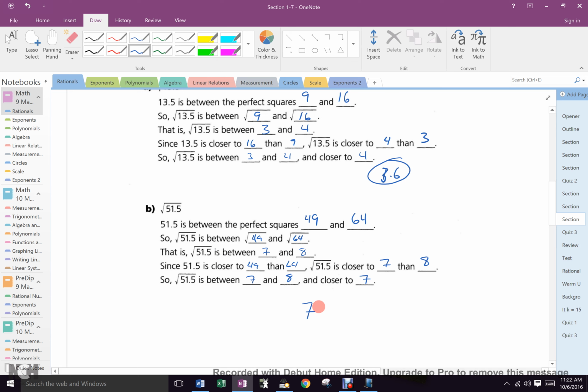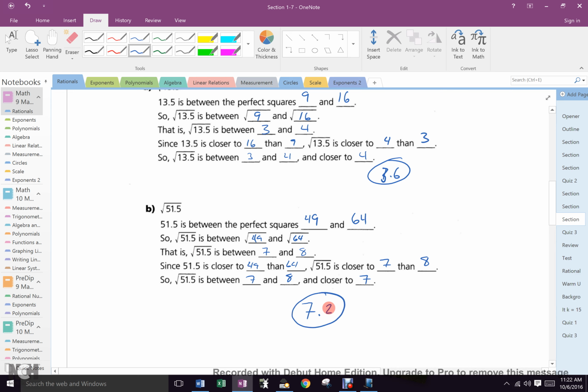So 7. Now, it's only 2 steps past 51, isn't it? And there's 15 steps there, right? So 2 out of 15 steps. It's pretty close to 3 out of 15, right? Which is 1 out of 5, which is 7.2. Now, you don't even need to go that far.